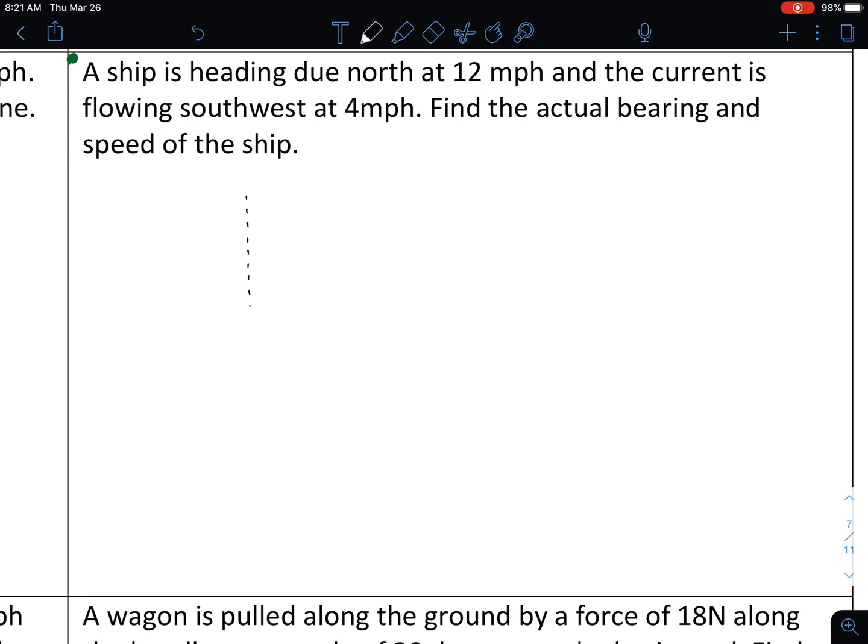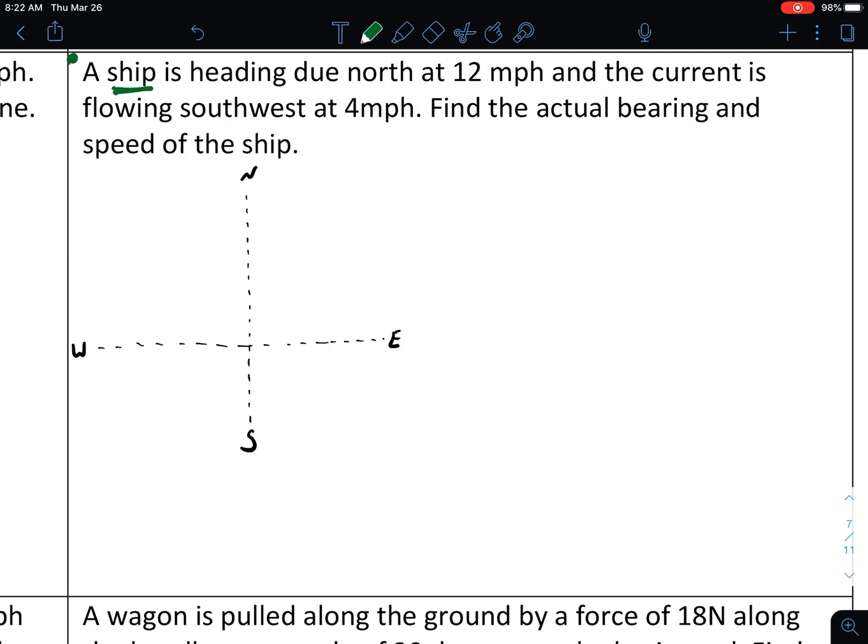All right, so I'm going to draw north, south, east, west lines here, so we can see what's going on. So we have east, south, west, north.